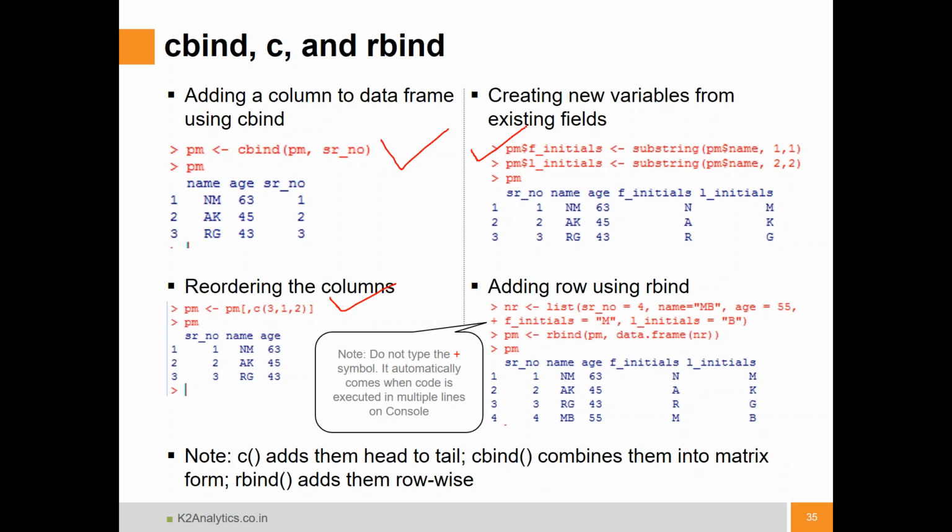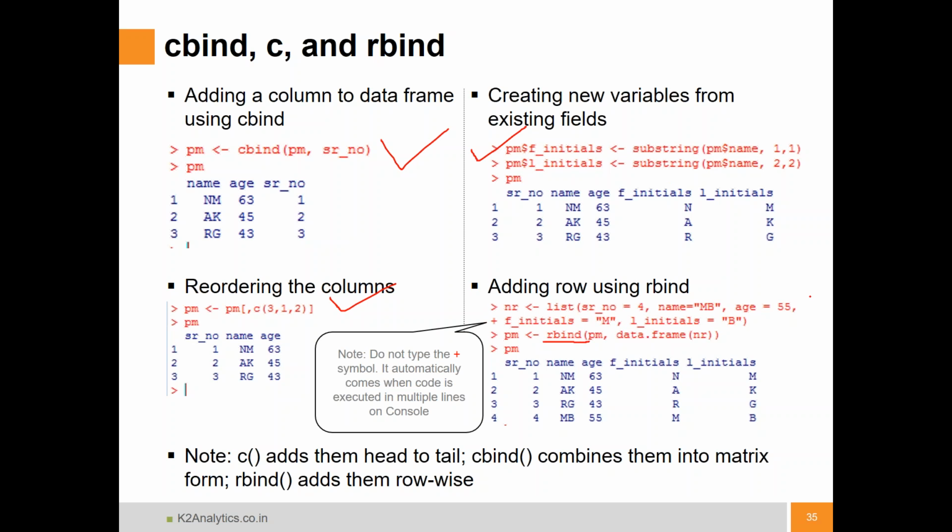As I import from file, I create separate data frames: data frame transaction 1, transaction 2, transaction 3, and then I want to append them so that I can create a data frame for the entire month. In that case, you have to use a function called rbind. Rbind stands for row bind.